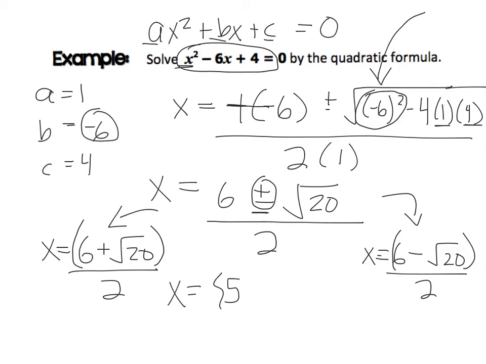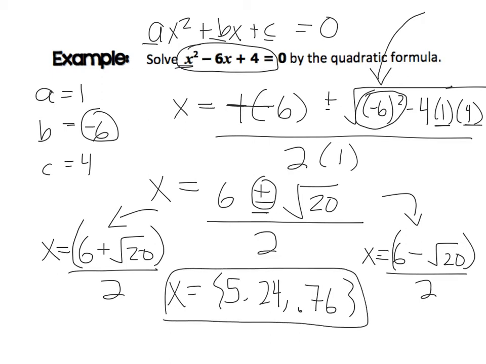Your first one is 5.24, and your second solution is 0.76. If you're unsure of your answers, especially in the beginning, this is really tedious work. Use your calculator to verify those zeros. Make sure that your calculator is telling you that one of your zeros is at 5.24 and the other one's at 0.76. Use that to check your answers.